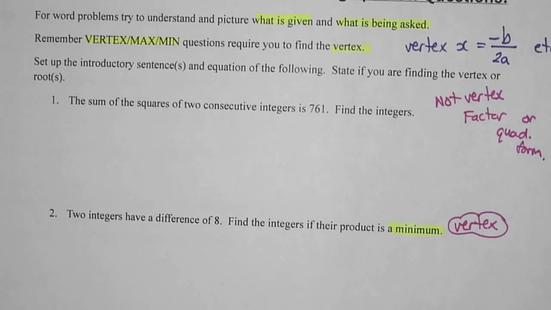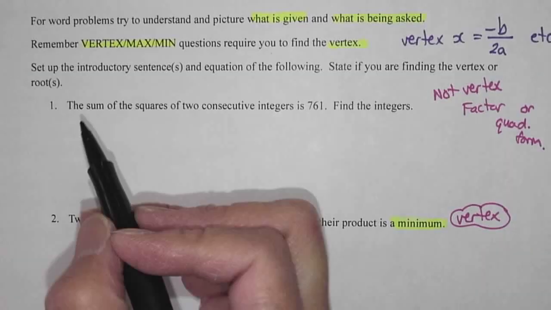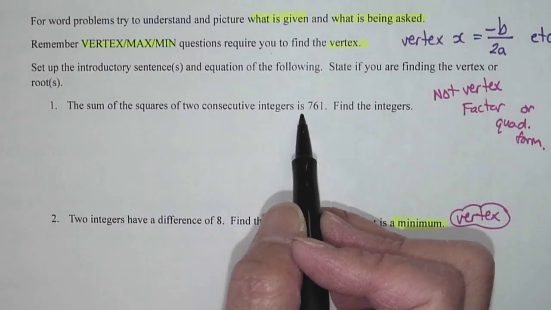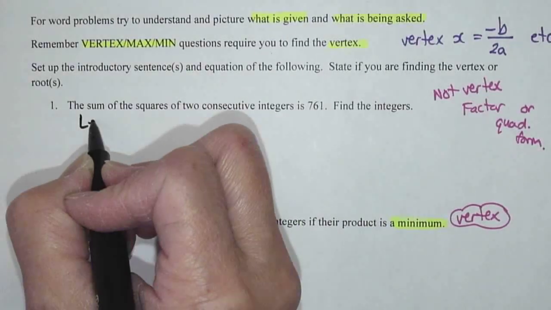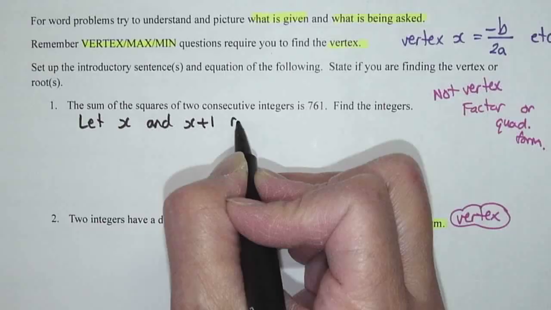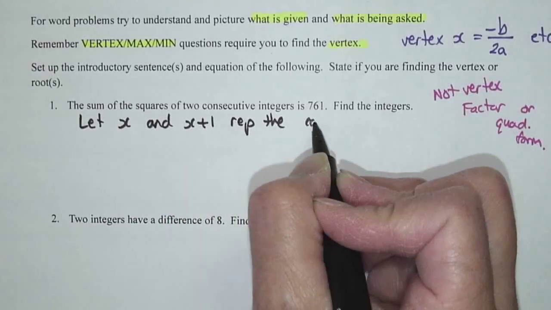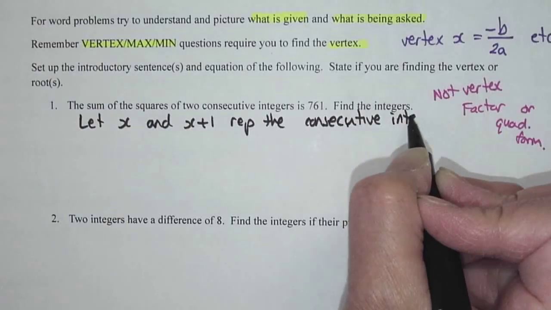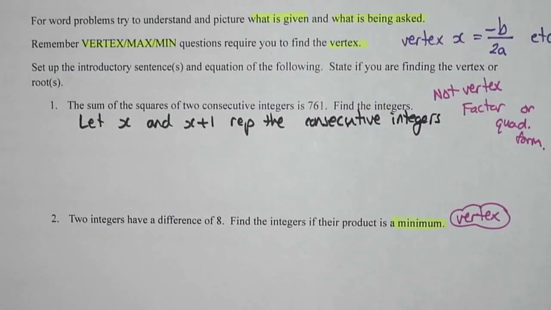When I set them up, look at how the setups are a little bit different. The sum of the squares of two consecutive integers is 761. Find the integers. So let x and x plus 1 represent the consecutive integers.